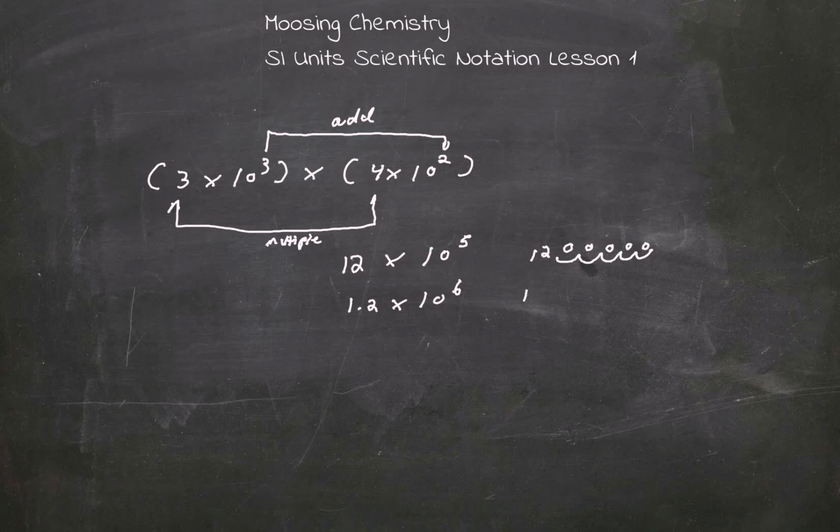And if we do this, we go 1, 2, 3, 4, 5, 6. As you can tell, the number is exactly the same. All we did was put a decimal between the two numbers. And in correct scientific notation, you have to have at least one number to the left of the decimal.